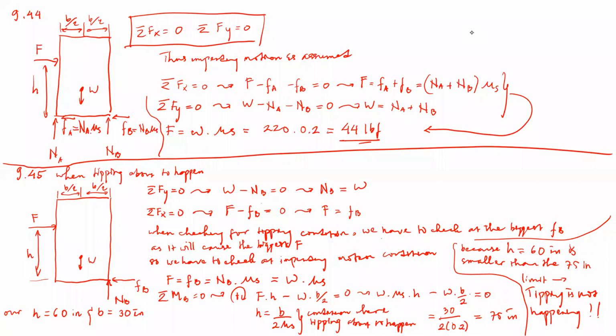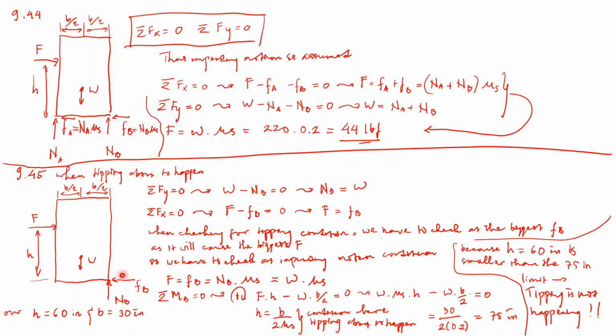In order to check whether it slips before it tips, the first thing that I want to do is find the biggest force to cause slipping, the force to cause impending motion. So the force F to cause the impending motion is this. We got the value here, right?